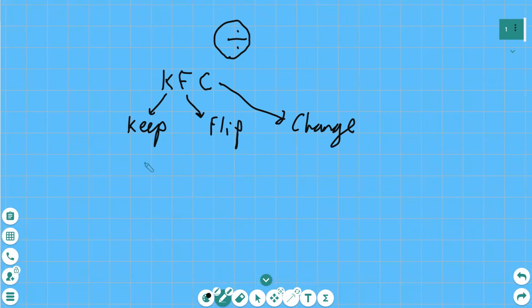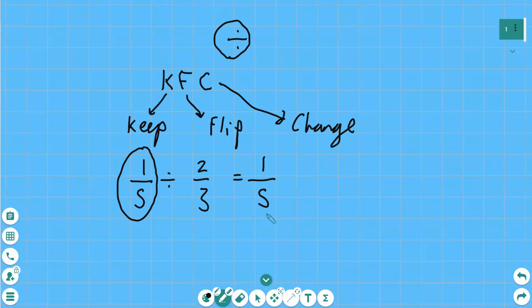So if we have a dividing problem, here's 1/5 divided by 2/3. What this means is the K means we keep the first fraction in the sum, the 1/5, as it is.